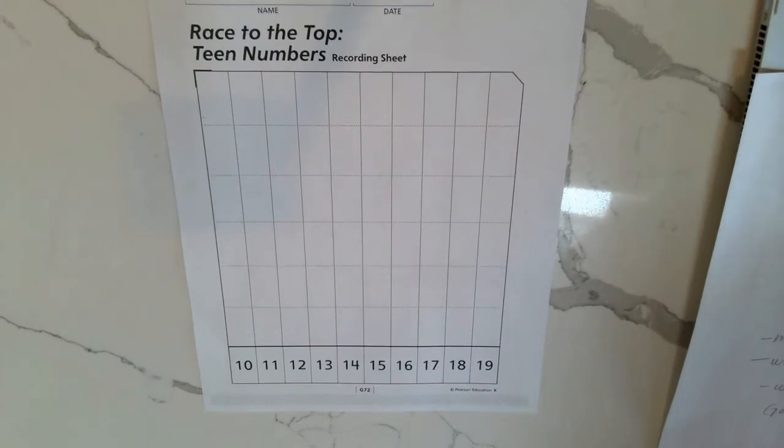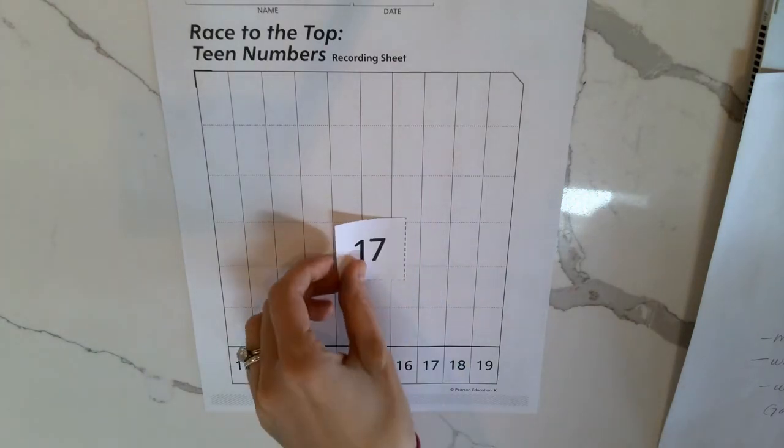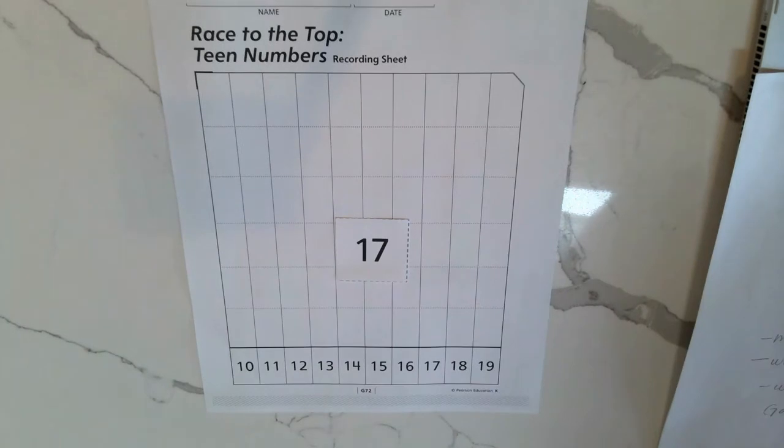You might be wondering, what can I do if I flip over a card and I'm not sure what that teen number is? Well, I want you to watch and notice a strategy that I'm going to use to help me as I play. I flipped over this teen number.